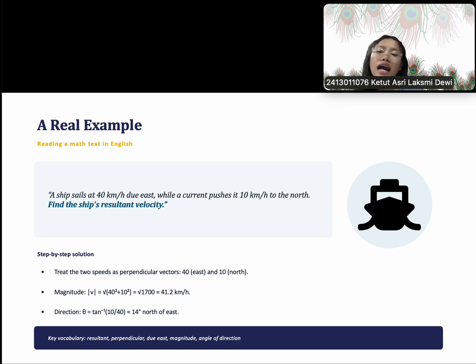Third, we find the direction using the inverse tangent function of 10 divided by 40, which gives us approximately 14 degrees north of east. Please notice the important vocabulary in this problem: resultant, perpendicular, and angle of direction.